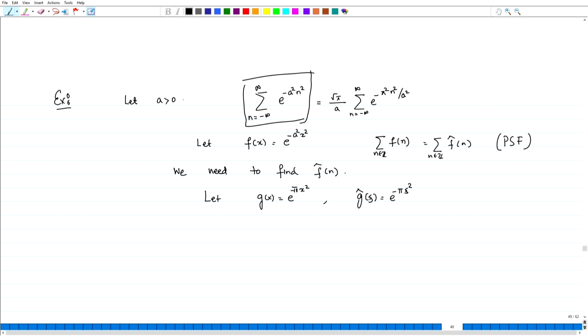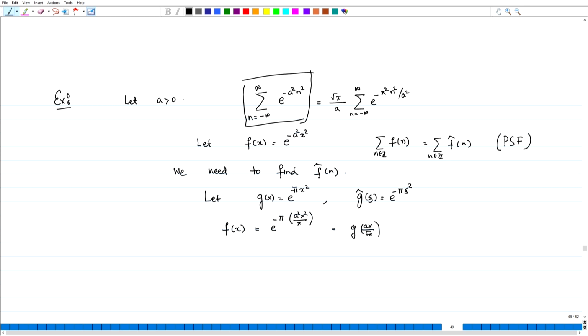Now, f of x I can write as e to the power minus pi a square x square by pi. This is equal to g of a x by root pi. Now, this is the dilation of the Gaussian.